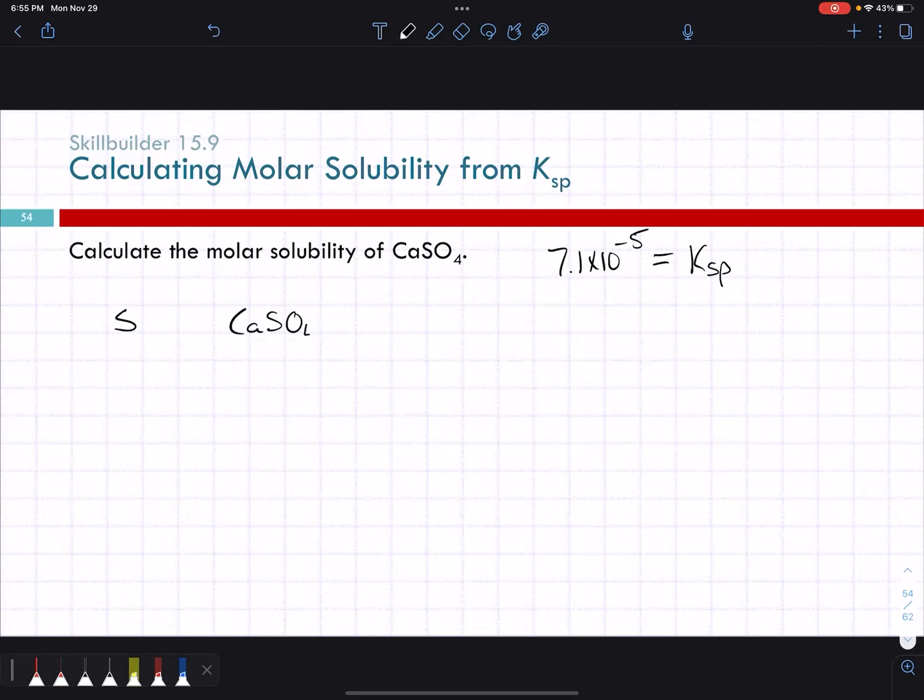So you've got calcium sulfate, solid, which is going to dissociate into calcium ions and sulfate ions. So this is where you could use this equation, and you could just say S is equal to the second root, or the square root, of Ksp, because we have two ions.